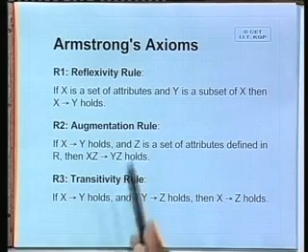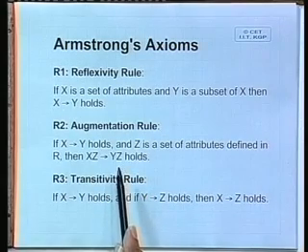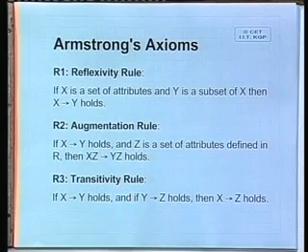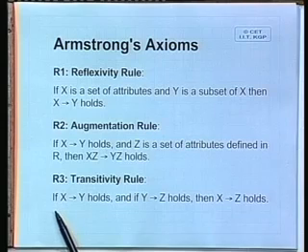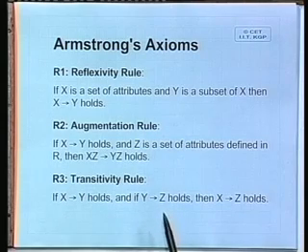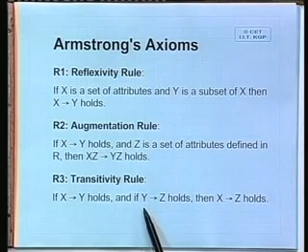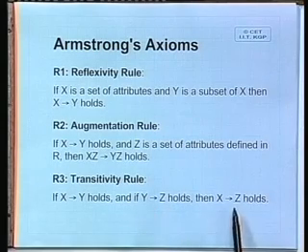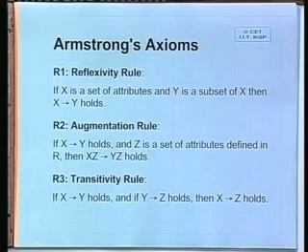That means, if you add the same thing on both sides, it is still true. The third one is the transitivity rule. If Y is functionally dependent on X and Z is functionally dependent on Y, then Z is also functionally dependent on X. That is known as the transitive rule.